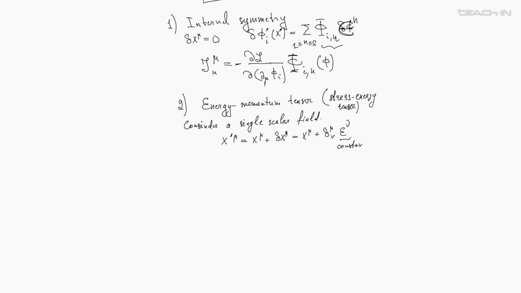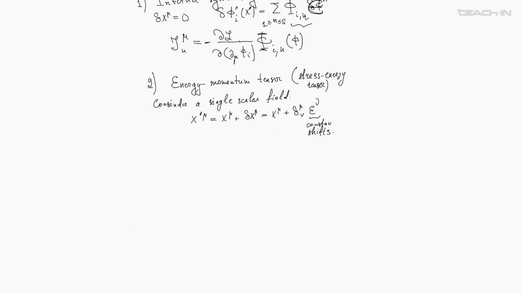Why am I doing this? Because in this way you read off from this formula that the response X^μ_ν equals δ^μ_ν. This response is exactly this Kronecker delta which you see here.